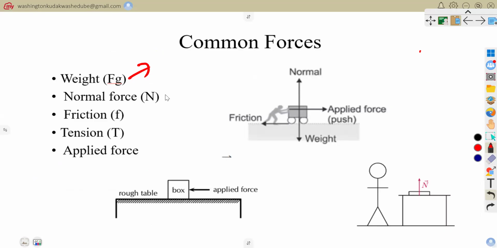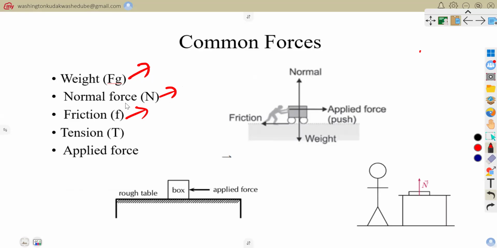And then we are also going to look into a type of force that we refer to as the normal force. So a normal force is just the perpendicular force that is applied by a surface to an object. And then we are also going to look into what we refer to as the frictional force. And the frictional force is just an opposing force of motion.